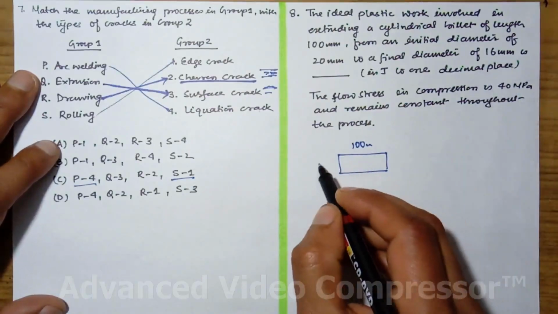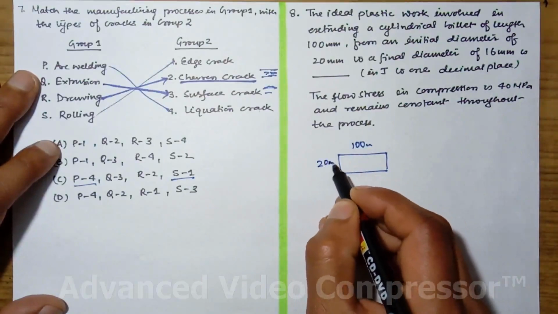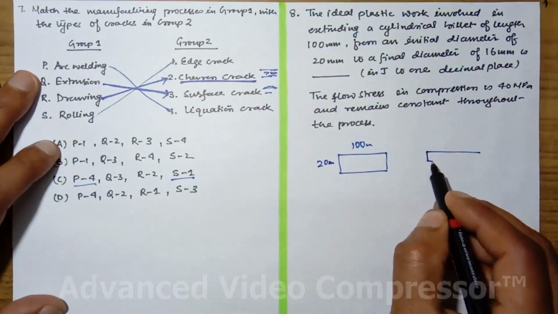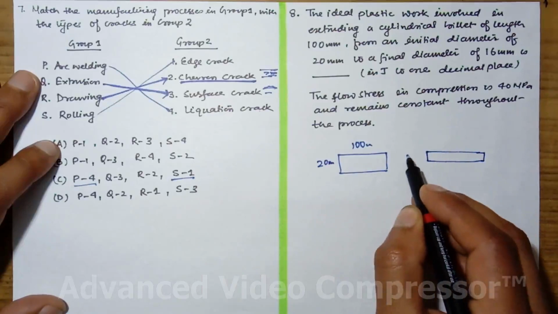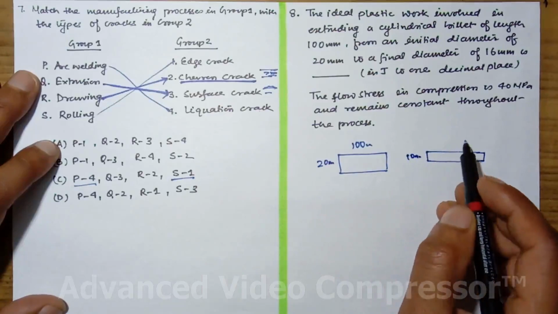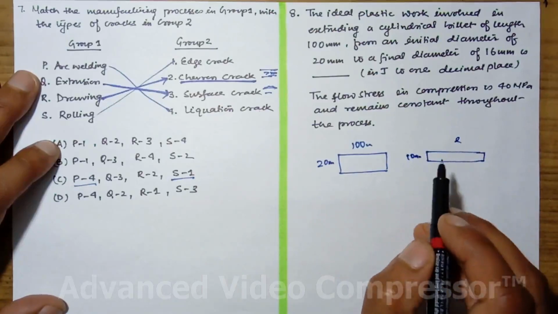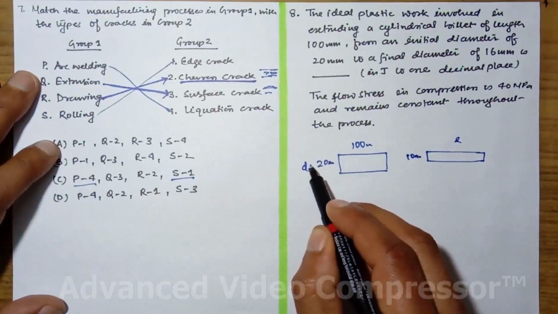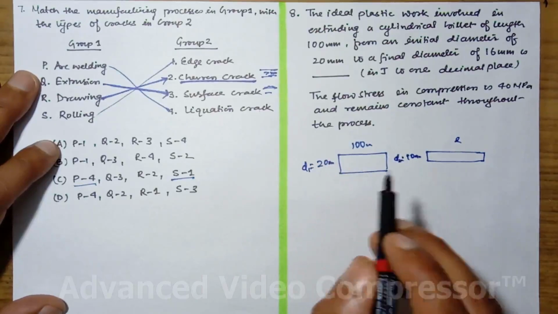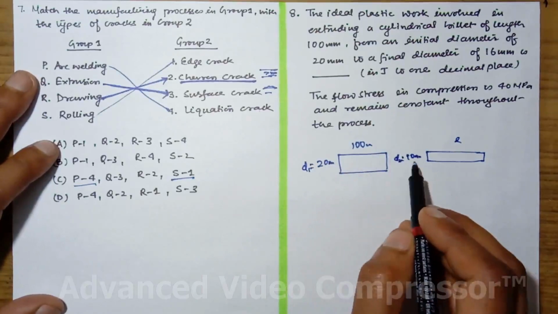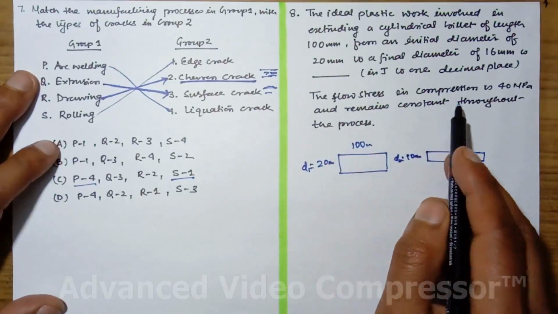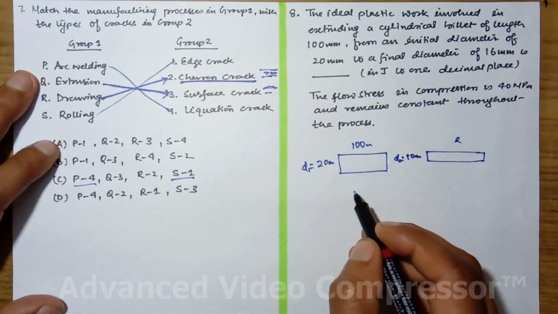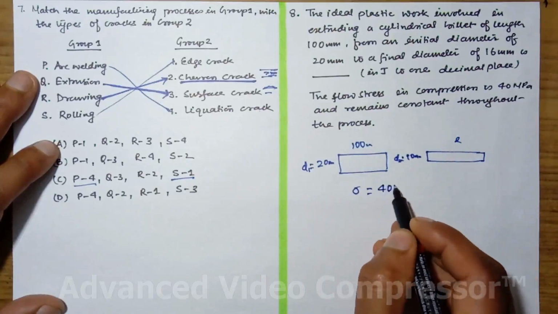Okay, so initially it has got dia of 20 mm. Suppose after this extrusion process we have converted it into a smaller diameter and the length will be something, so let it be. So from D1 to D2, from 20 to 16, the flow stress in compression is 40 MPa.